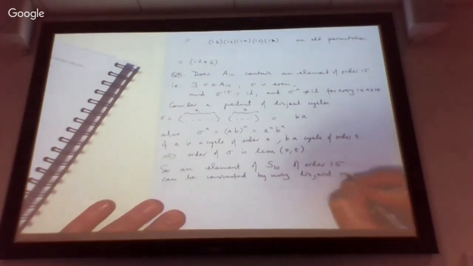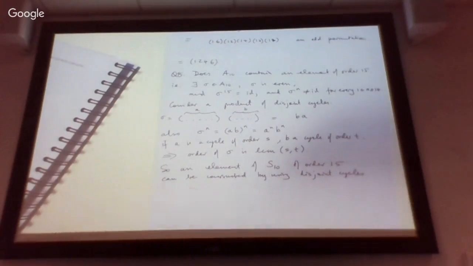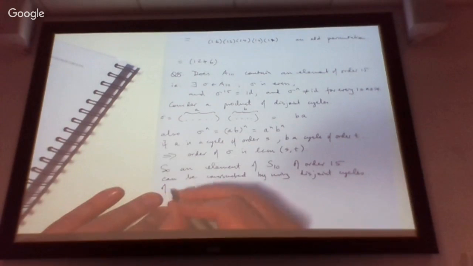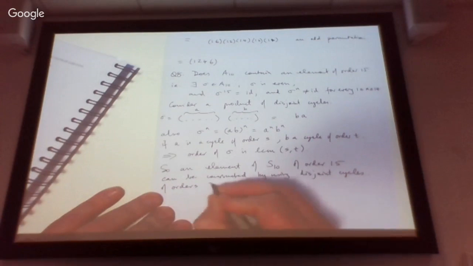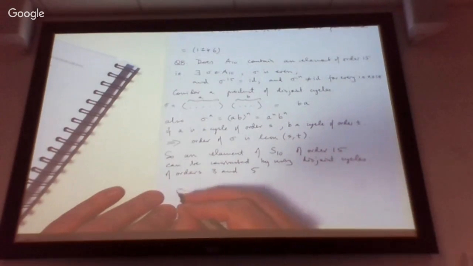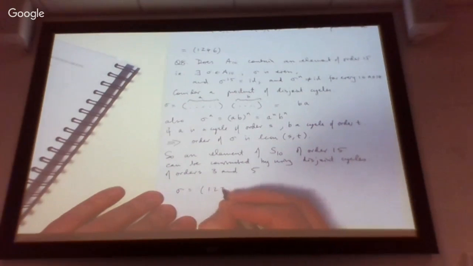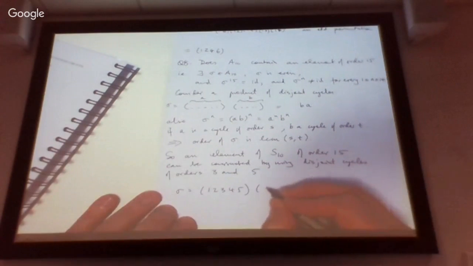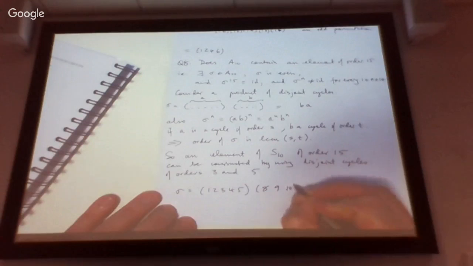Well, we want to choose their orders so that the least common multiple is 15. So I think 5 and 3 is going to be the only way: using disjoint cycles of orders 3 and 5. So I could take sigma to be a cycle of order 5, and then I want a disjoint one of order 3, so 8, 9, 10.